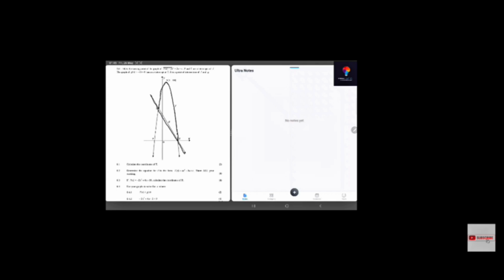So we ought to put a line there and get those values of x. That is basically what the question is asking, and it's very simple.